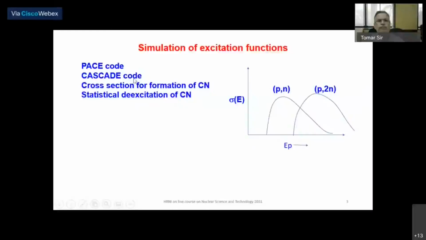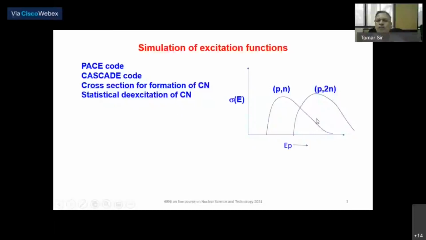These codes require an input about projectile and target, mass number, atomic number, the energy of the projectile, and their spins. So you can generate the cross section for the formation of the compound nucleus, and the de-excitation of the compound nucleus is followed by a statistical model depending upon the excitation energy and the different particles that can be emitted.